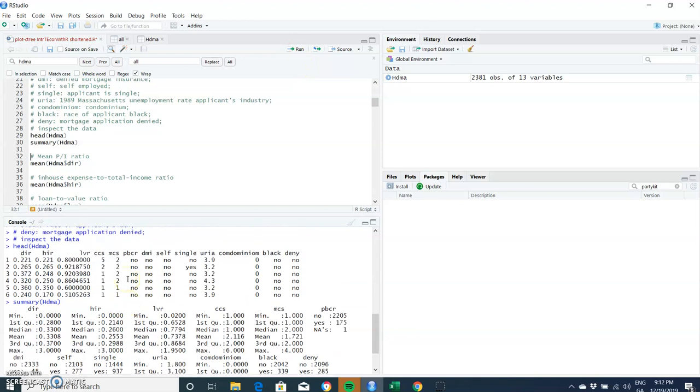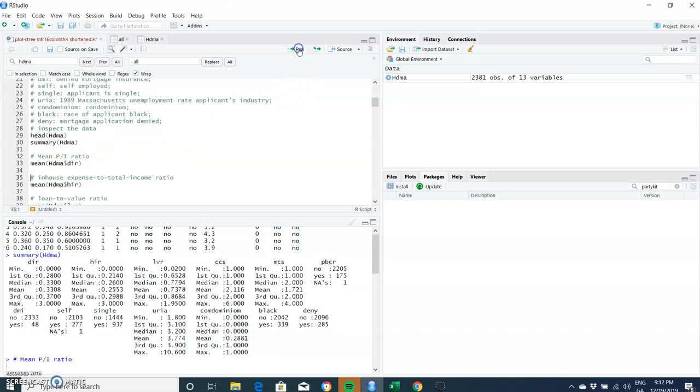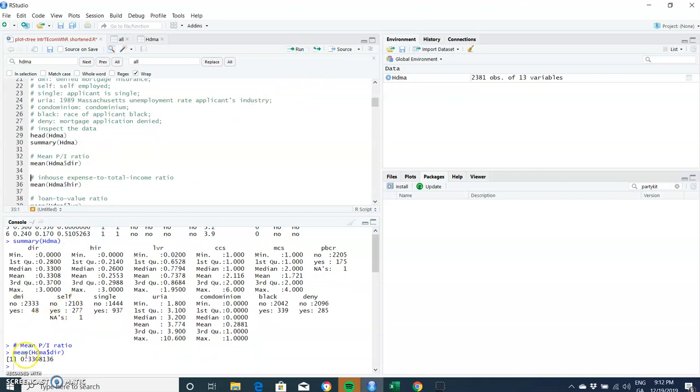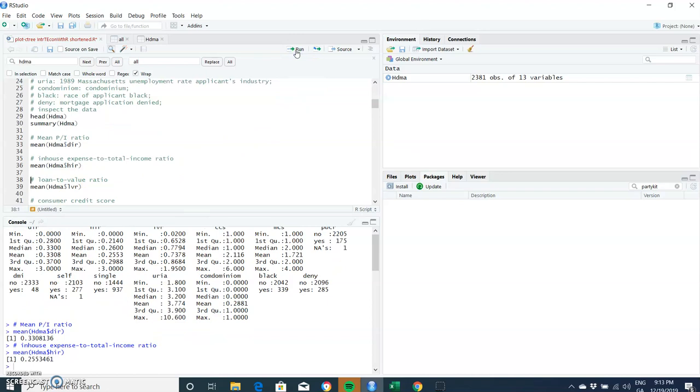Okay, now we can take a look at the overall descriptive statistics. Maybe more meaningful would be the mean of each, so we can run that, and the mean of the DIR was 0.33. So this is the amount of payment relative to the debt. The HIR is the housing expense to total income ratio, and the mean is 0.25.